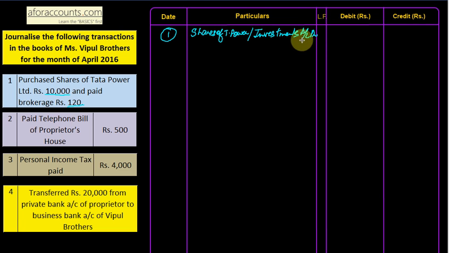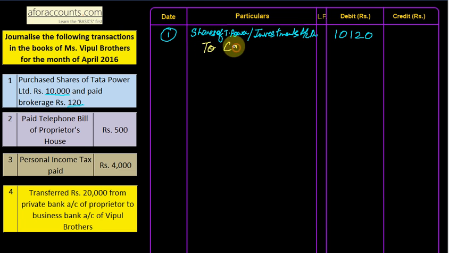with 10,120. All expenses relating to asset to be brought into picture need to be capitalized. Okay. So investments or shares in Tata Power account debited, and what will you credit? जिससे पैसा दिया है either through cash or through bank.